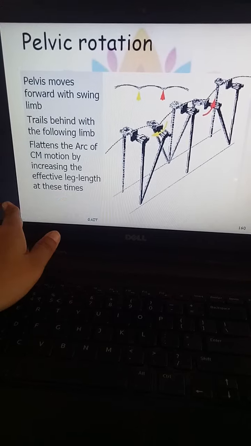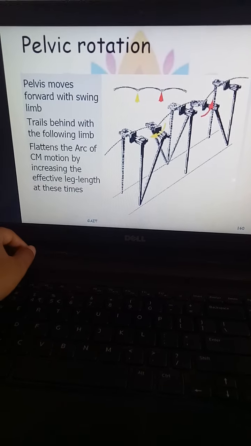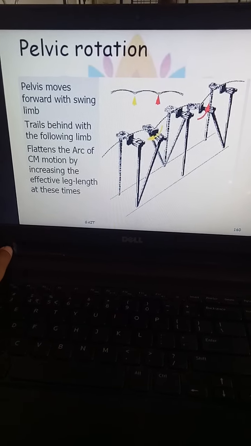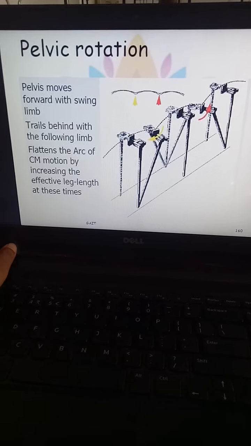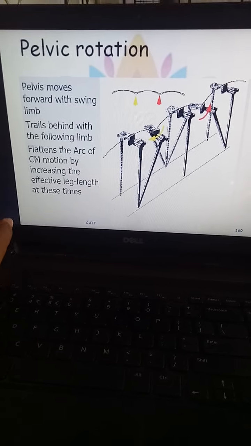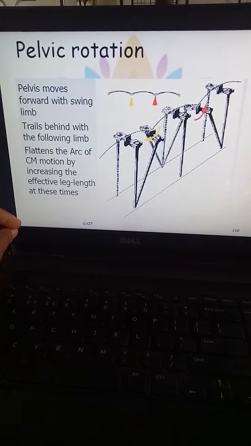First we will talk about pelvic rotation. Pelvic rotation means the pelvis will move forward with the swinging limb, the limb which is in the swing phase.